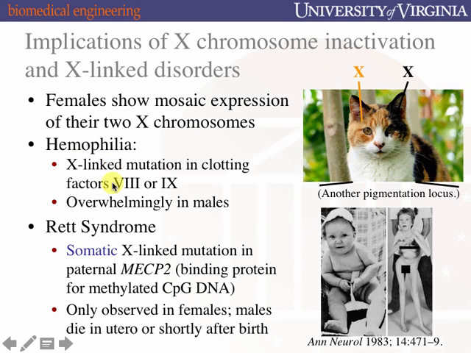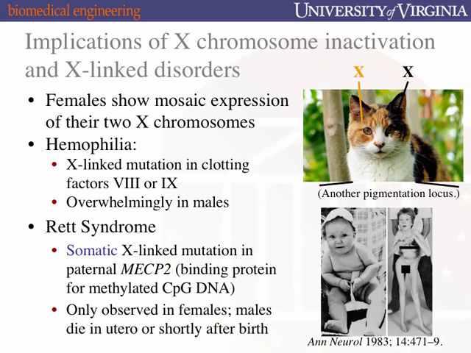The two X copies, from the female perspective, are good for hemophilia, but they're also very tragic in other disorders. So Rett syndrome is another X-linked mutation, for an epigenetic regulating protein called MECP2. This is a protein that recognizes methylated CpG sites in the genome.